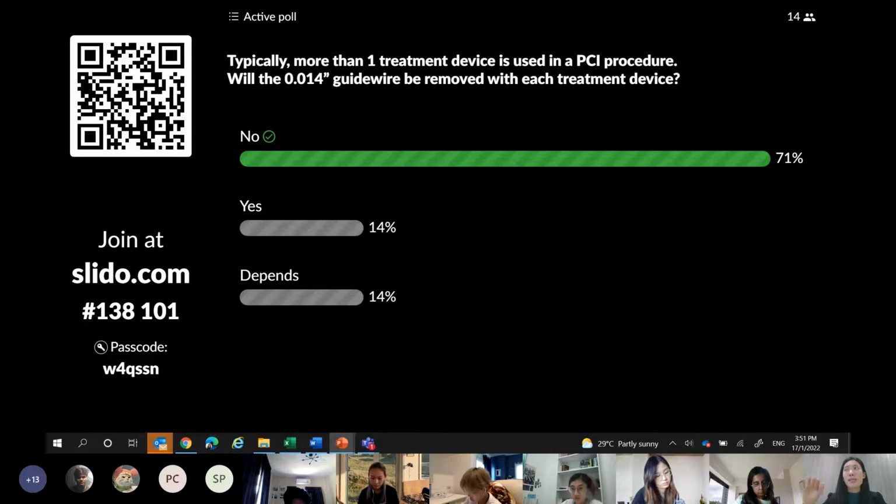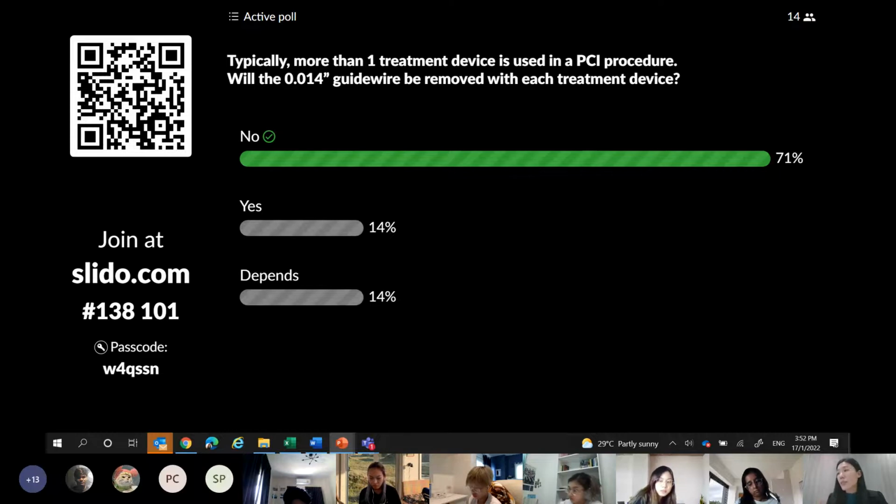Once this wire crosses the lesion, they will make sure that it stays there until, as I mentioned, the end of the procedure, because sometimes it's really very hard to cross the lesion. So once I get it through, I will not touch it anymore. So typically the answer is no.